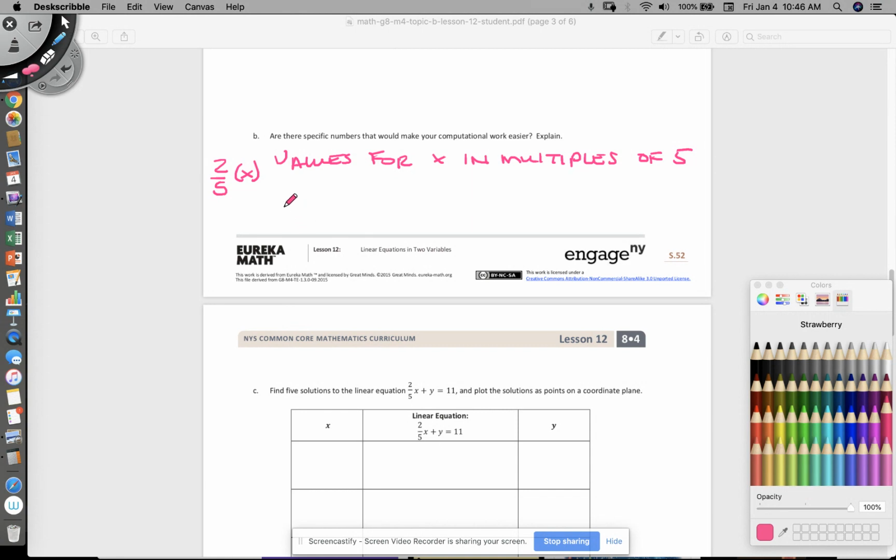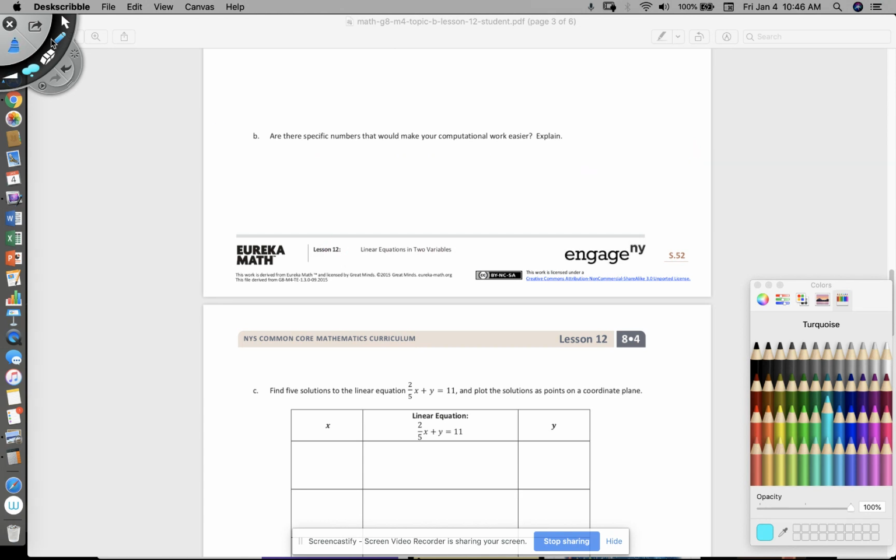So I can even write myself an example here. I could say example, we had 2 over 5 and let's say I chose 20. I know that 20 is a multiple of 5 and 5 can go into 20 4 times and then this would be 2 times 4 which would be 8. So that makes it nice if you could choose your own values for x, then I would choose multiples of 5 just so you have that ability. Now, sometimes you don't always get your own choice to choose, but in this case, you could.